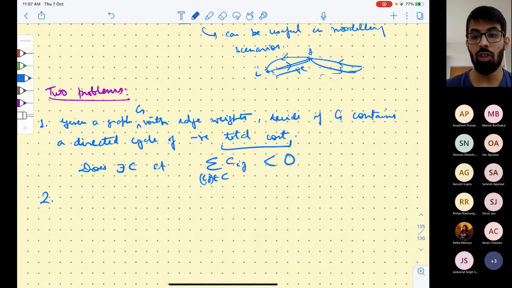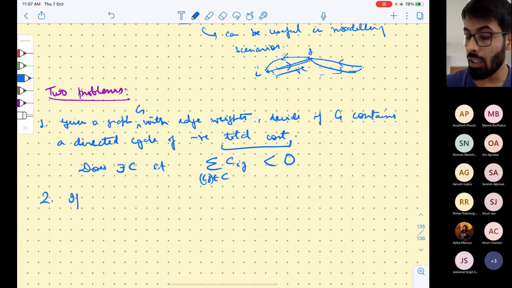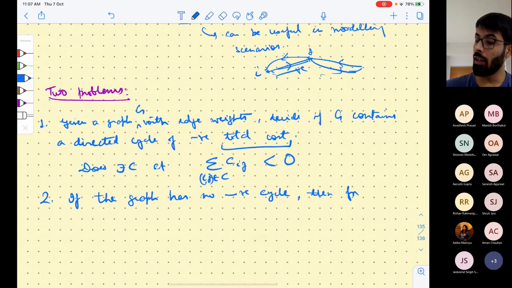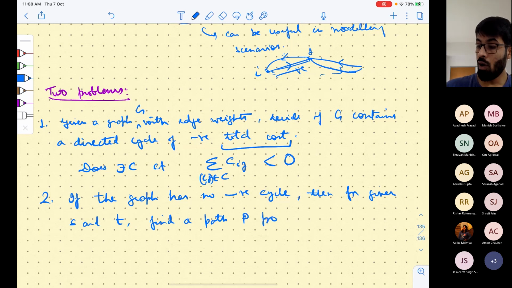And the second question is the shortest path question: if the graph has no negative cycle, then for given, let's say, S and T, find a path P from S to T of minimum cost.